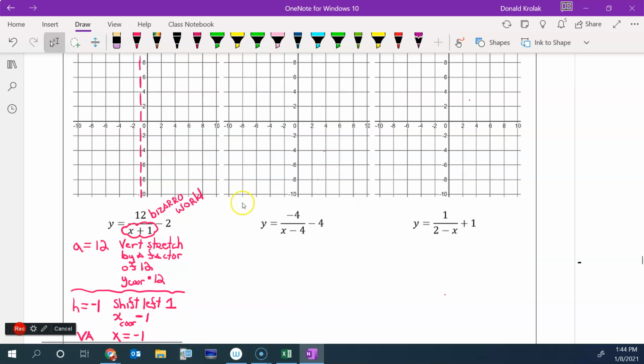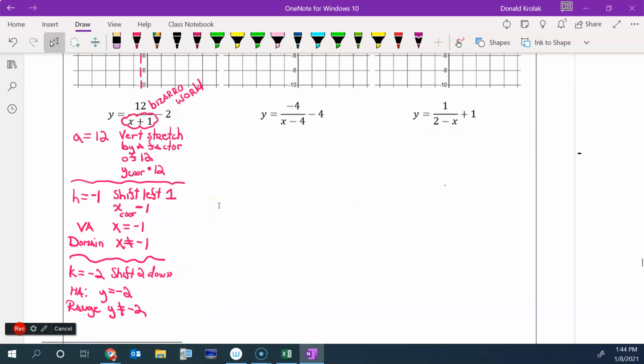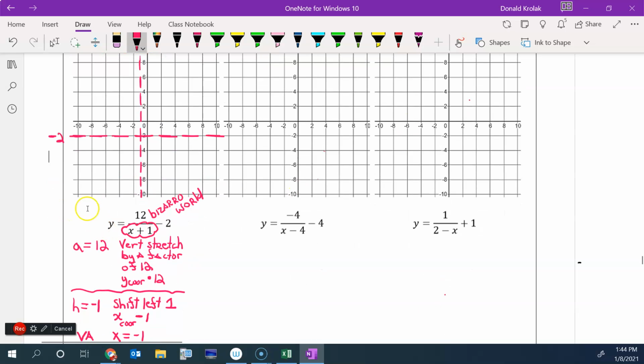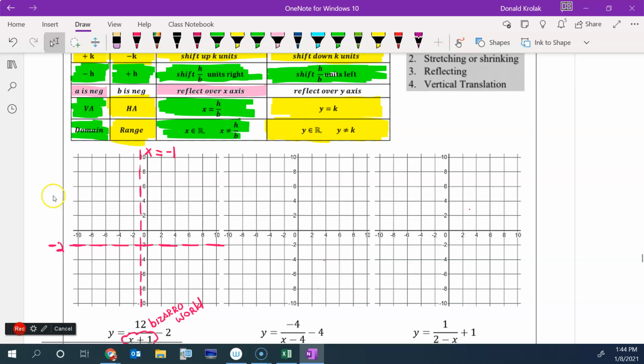Okay, and I got horizontal at -2. Oh, this should be 1.